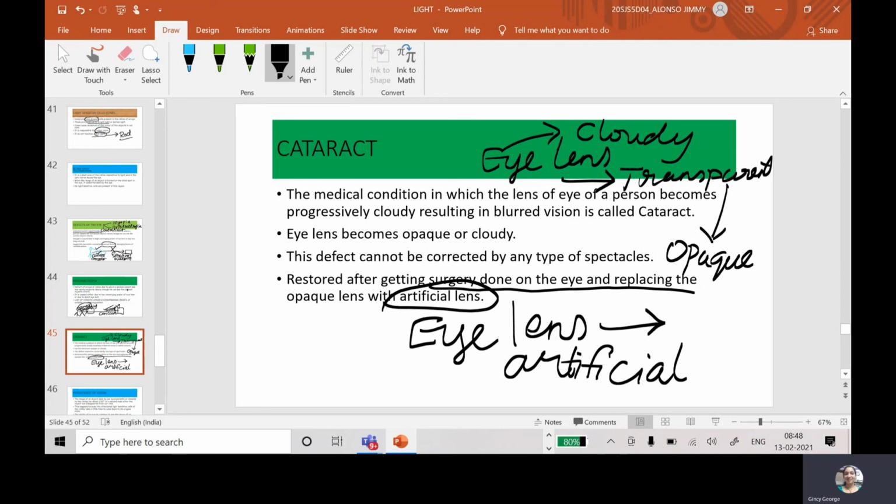So cataract people are having blurred vision because of opaque eye lens. It is rectified with the help of artificial lens. So by this we are finishing the human eye.